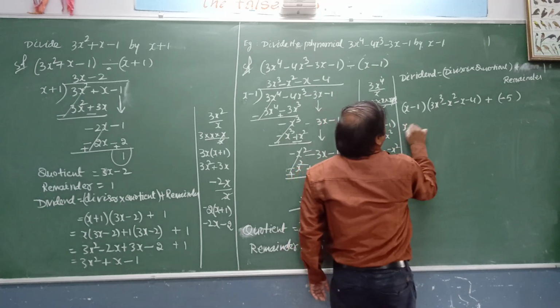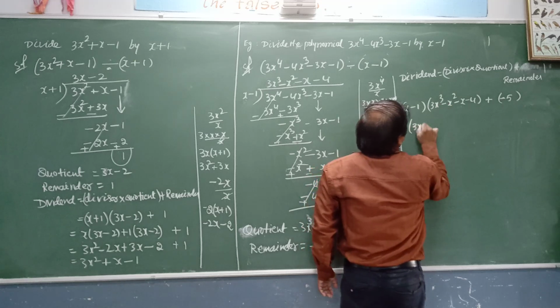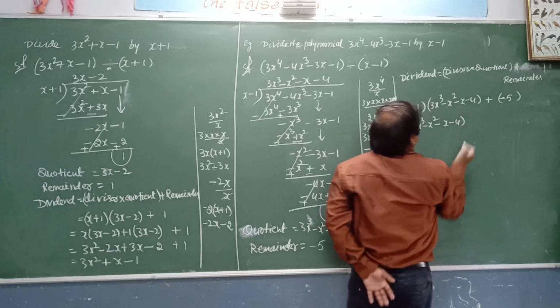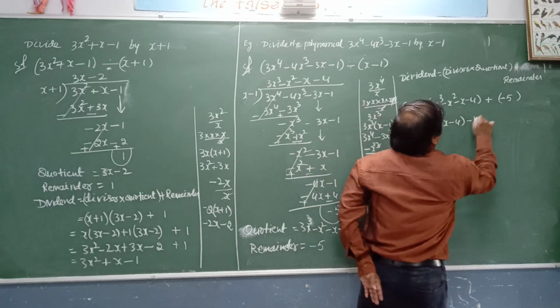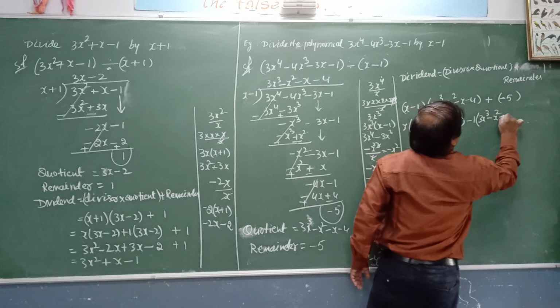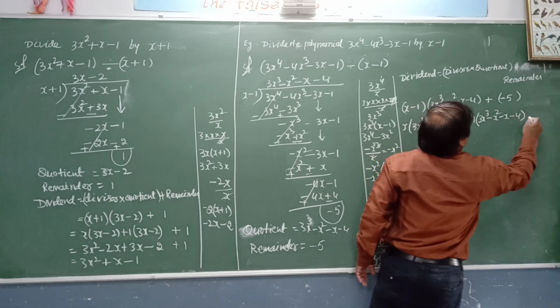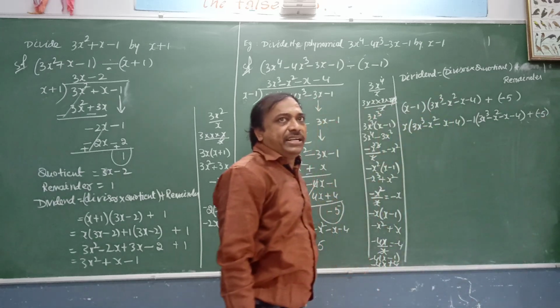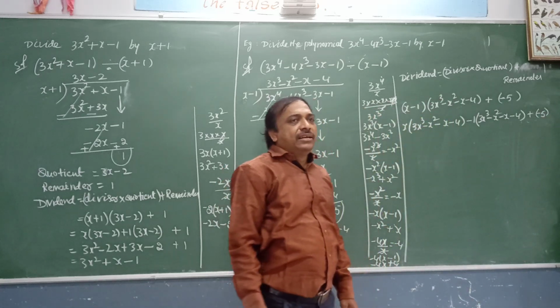So x into 3x cube minus x square minus x minus 4, then minus 1 into 3x cube minus x square minus x minus 4, plus minus 5 is the remainder.